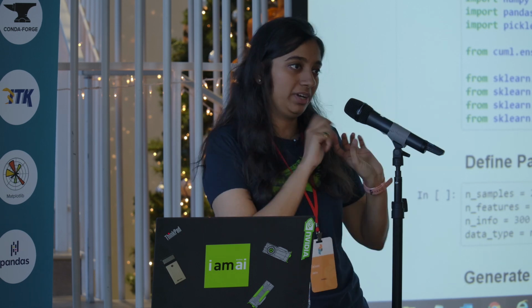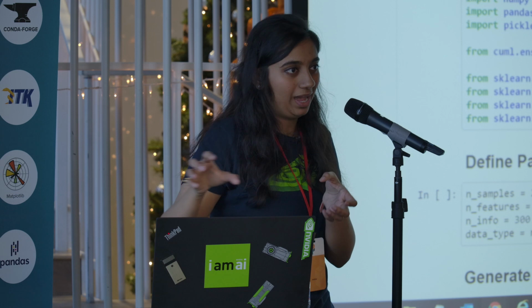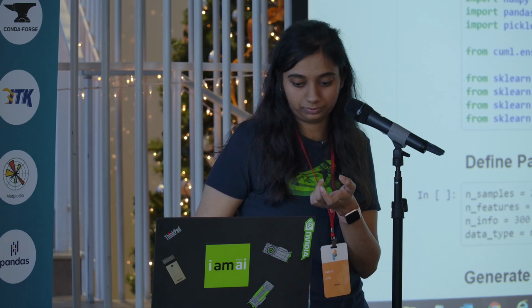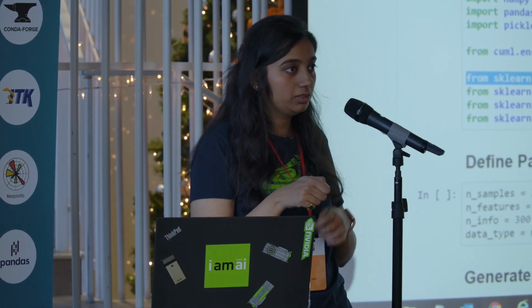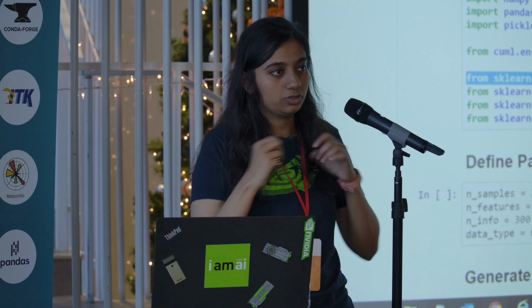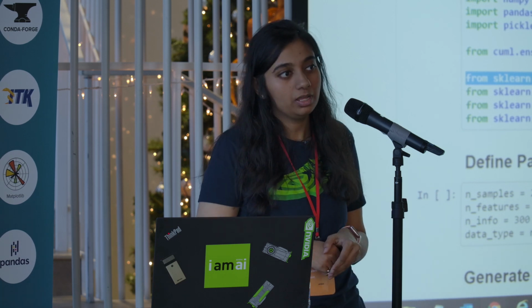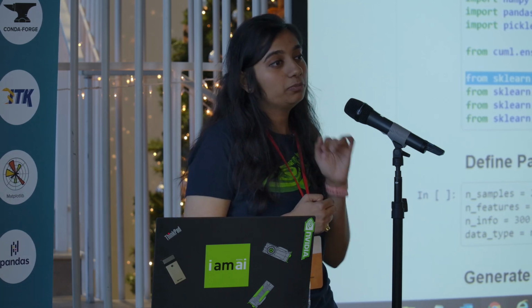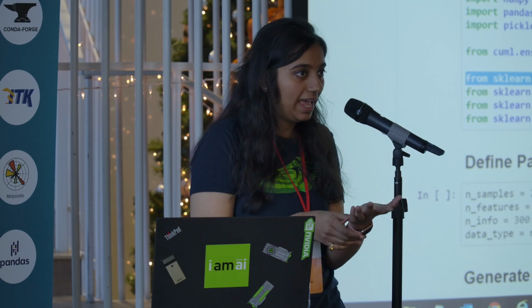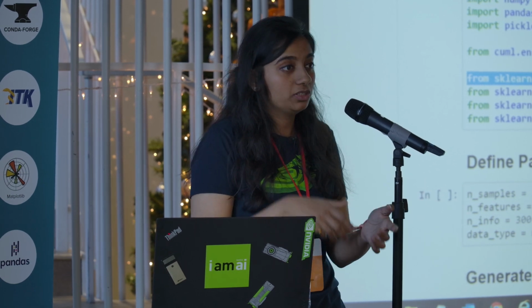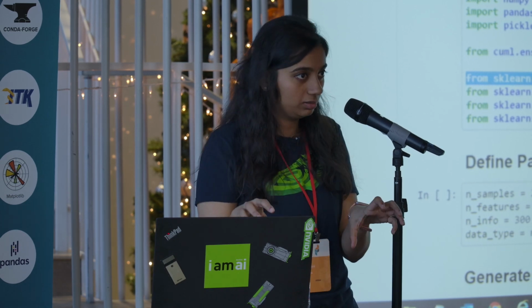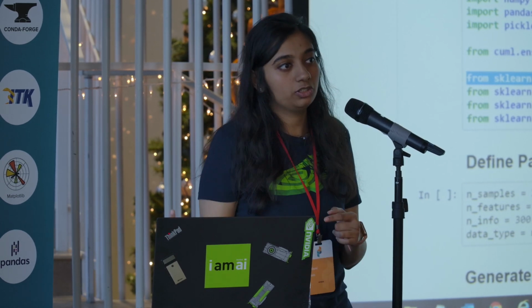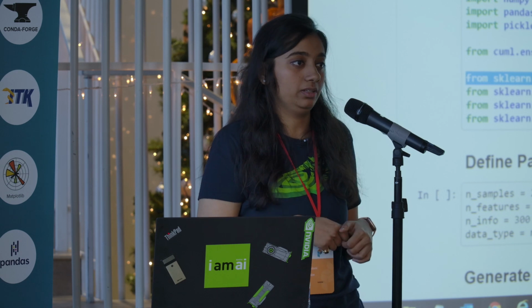If you import Scikit-learn and use a random forest classifier, all you have to do is change the import from Scikit-learn to cuML. You just change one word, and that's pretty much it. For most, that should be it. If you want to do other variations with the cuML model, you can see the documentation to see what else you can add.